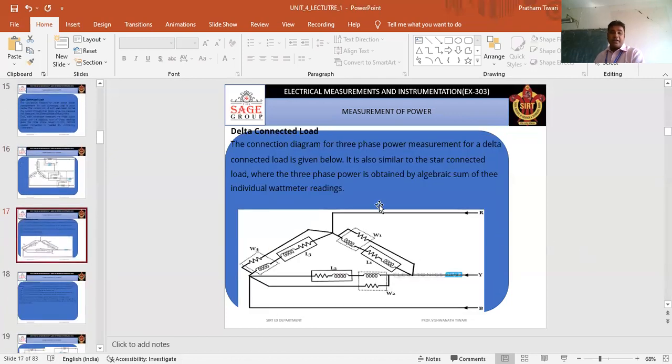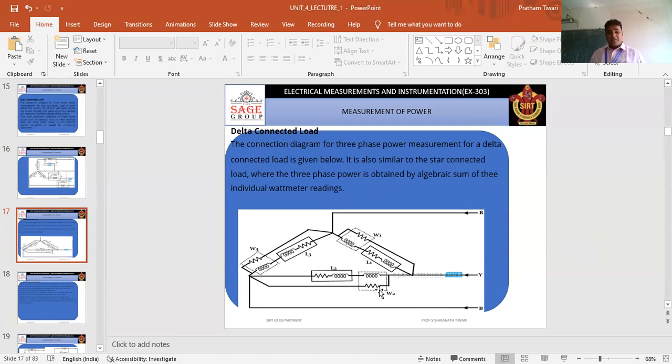Now delta connected load. The connection diagram for three-phase power measured for the delta connected load is given below. It is also similar to the star connected load, where the three-phase power is obtained by the algebraic sum of three individual wattmeters. Just like in this figure, you have to see that three wattmeters are connected in delta.